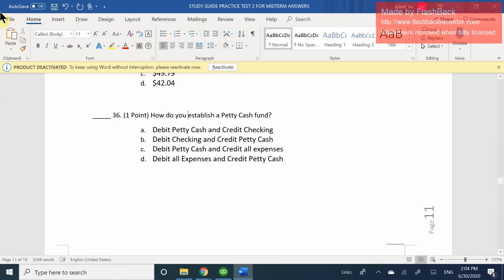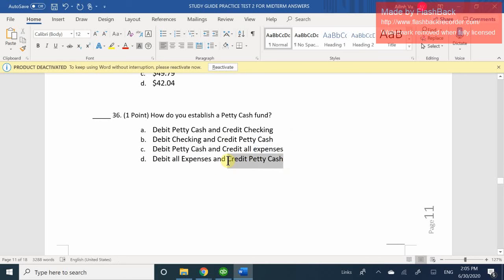Let's look at the other examples. Debit checking and credit petty cash fund is wrong. Debit petty cash fund and credit all expenses. No, remember, you never establish a petty cash fund by crediting all your expenses. Debit all expenses and credit petty cash fund.